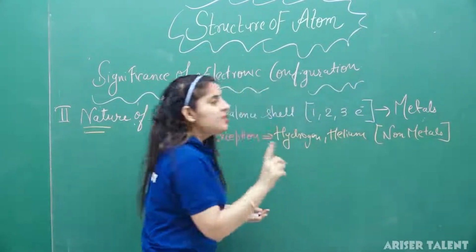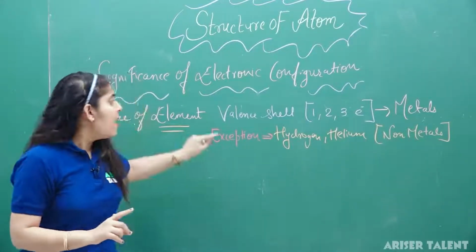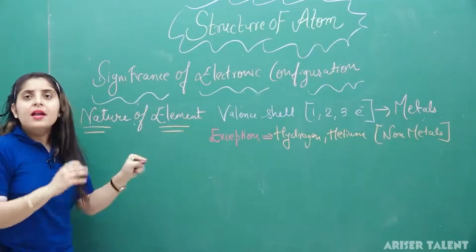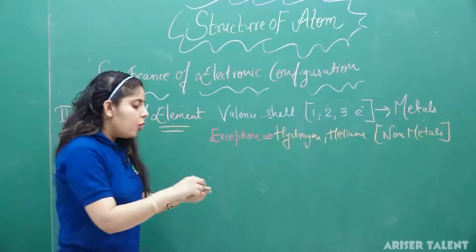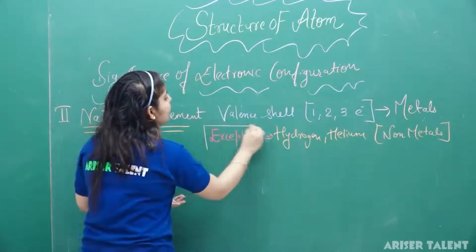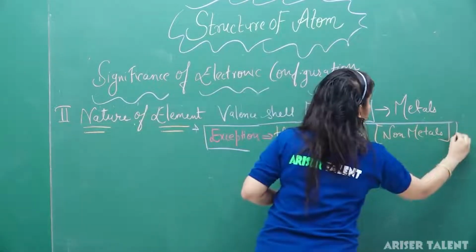So elements having 1, 2 or 3 electrons in their outermost shell are considered metals, and those having 4, 5, 6 electrons are considered non-metals. But hydrogen and helium are the exception here.